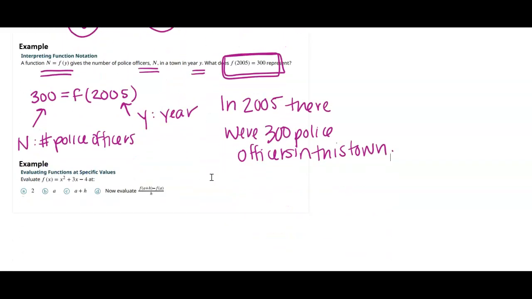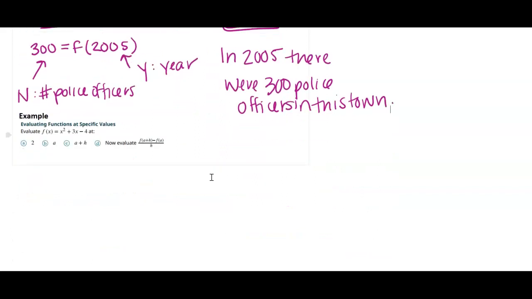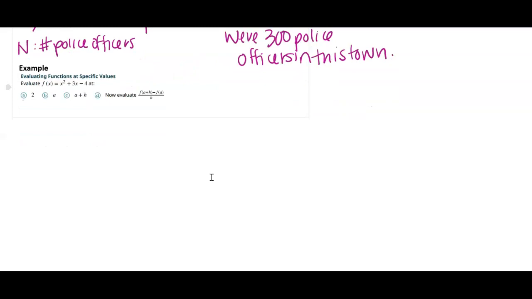All right, our last and final chunk of information on functions is how to plug into function notation. So I want to evaluate this function f of x at these x values. So I'm going to write that as f of 2. And what this means is everywhere I see an x, I'm going to plug in 2.